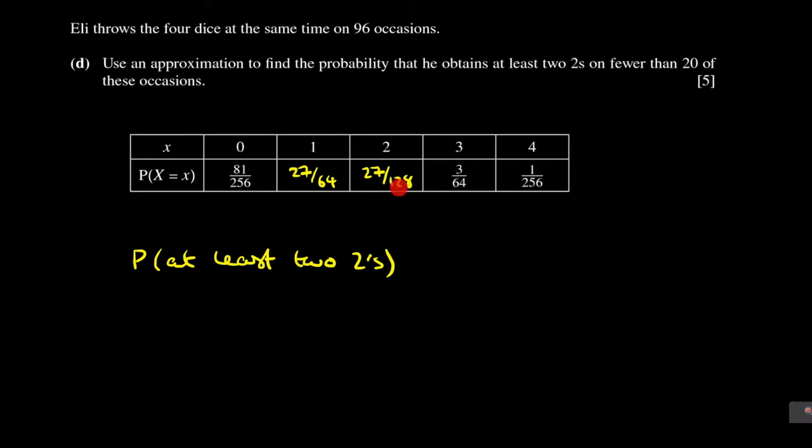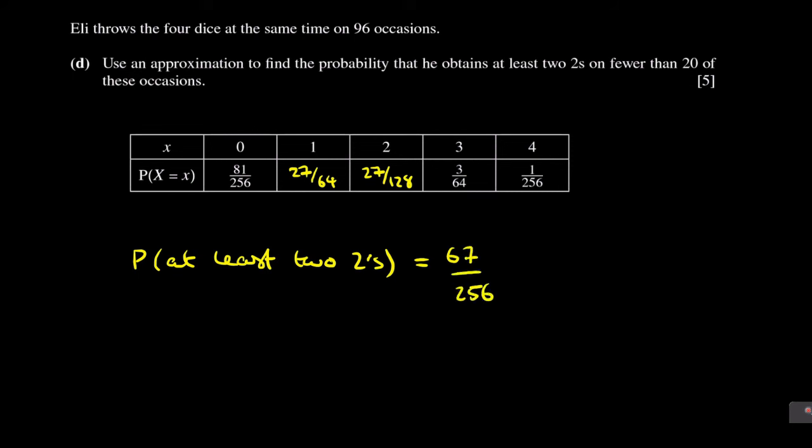The probability that he gets a 2 or a 3 or a 4. So to do that, I'm just going to use my calculator. So 27 over 128 plus 3 over 64 plus 1 over 256. And what I'm going to get is 67 over 256. So this is 67 over 256.